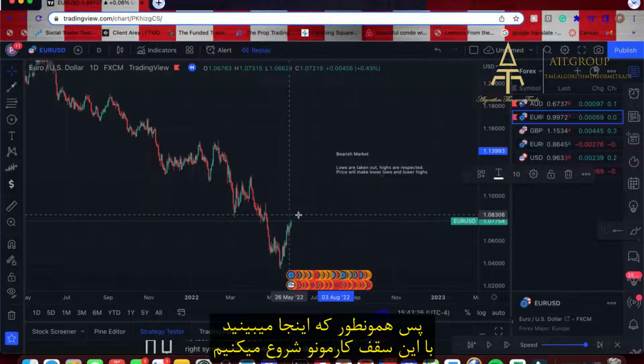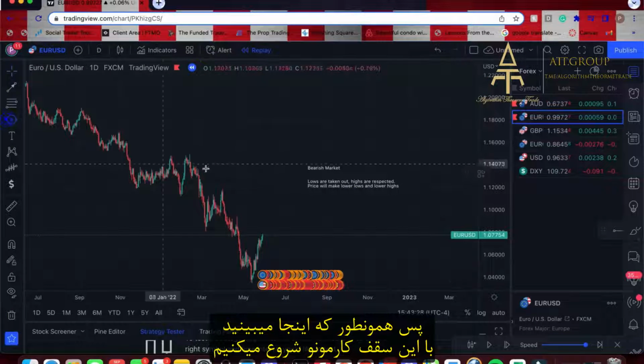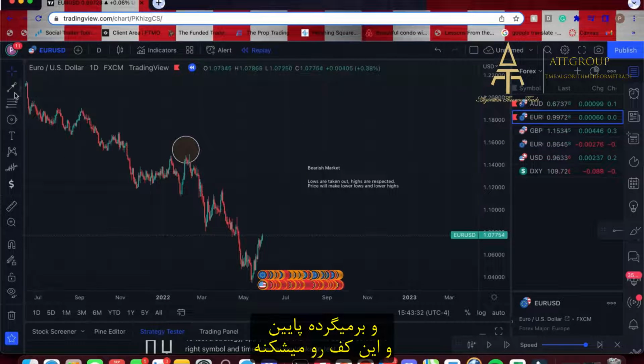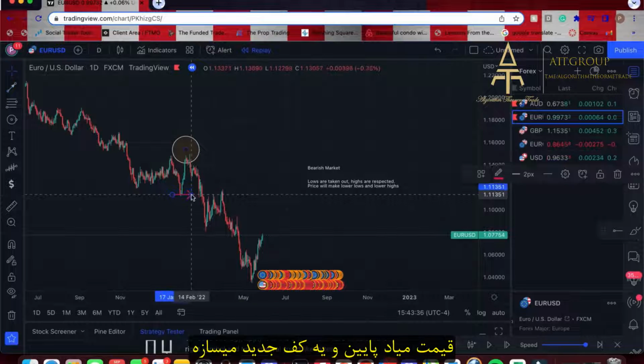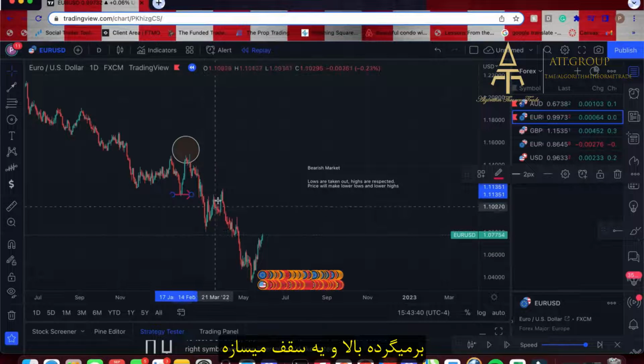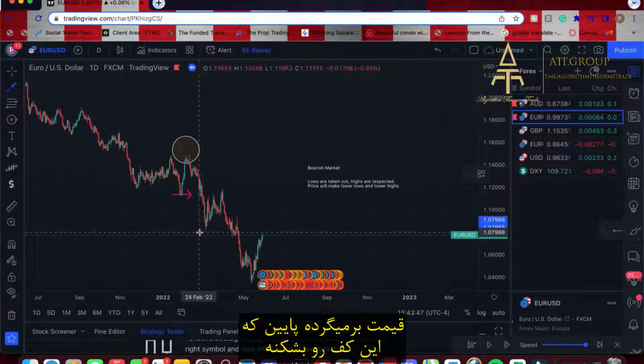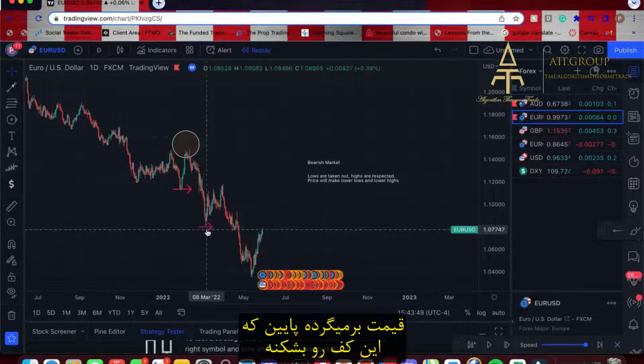So as we can see right here, we'll start off with this high. Price created a high and it came back down and took out this low. Price came down, created another low, came back up, created a high, and what happens is price doesn't take out this high. Price comes back down to take out this low.